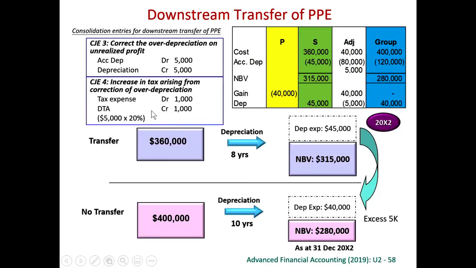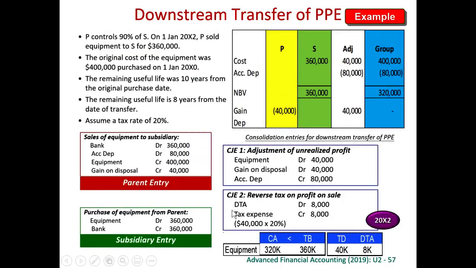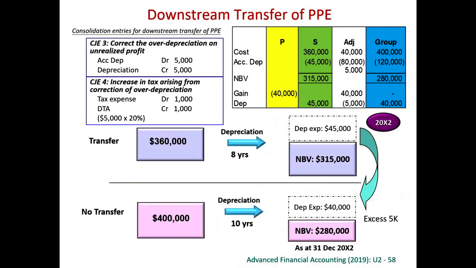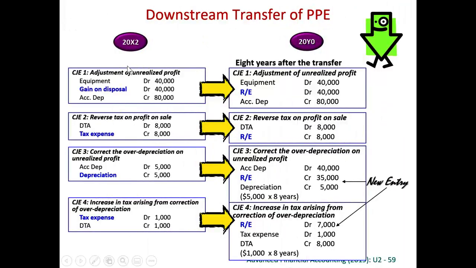So in 8 years' time, all the original deferred tax assets will be reversed. So this is what we have done in the year of the transaction, year 2002. So we have done 4 journal entries.